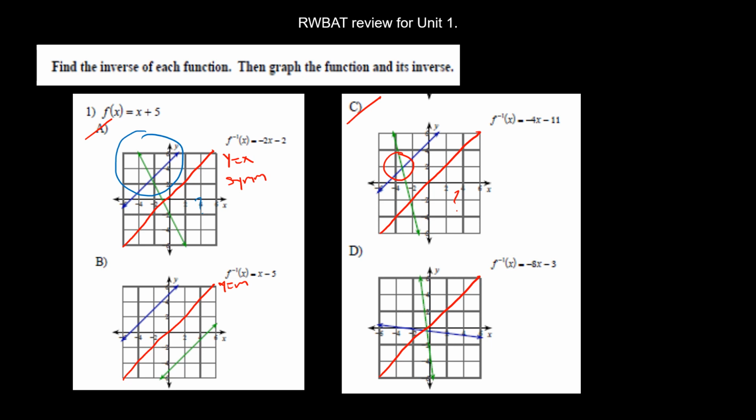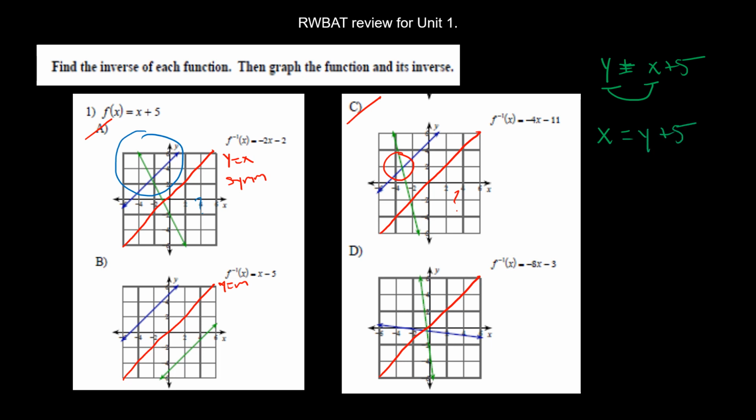Now, if you have no idea how to solve for inverses, this is a good little technique to use to eliminate some choices. So let's go ahead and now work out our inverse. If we say y equals x plus 5, and we want to get our inverse, remember the first thing we do is switch our x and y. So we have x equals y plus 5.